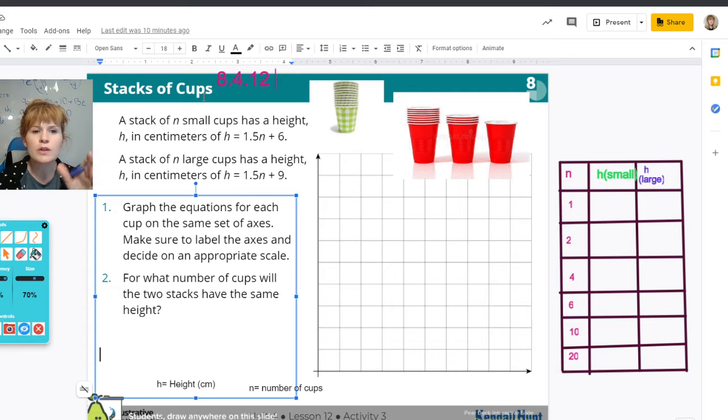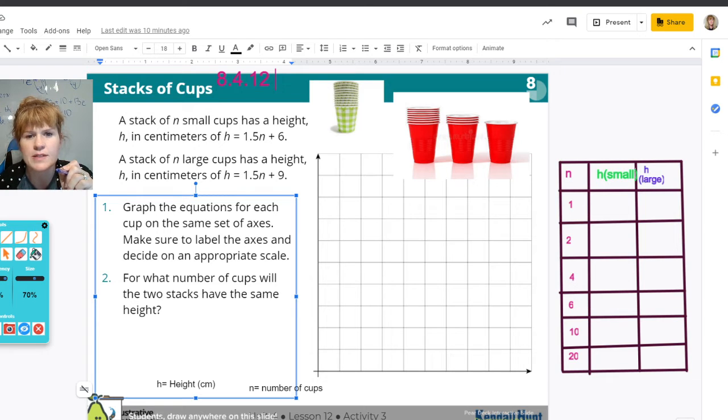Remember that we are learning system of equations. A system of equations is two equations that represent a situation together. Okay? Now read the problem with me. A stack of n small cups has a height h in centimeters of h equals 1.5n plus 6.